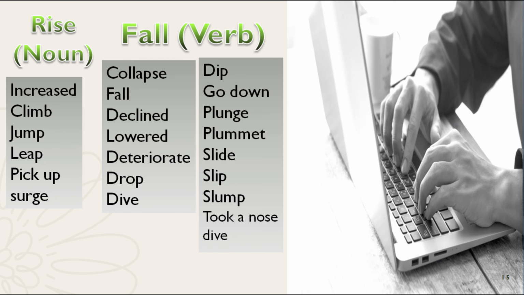If there are values which show a drop or a fall, few verbs for the fall word is collapse, fall, declined, lowered, deteriorate, drop, dive, dip, go down, plunge, plummet, slide, slip, slump, took a nose dive.